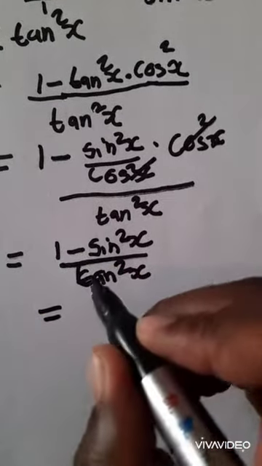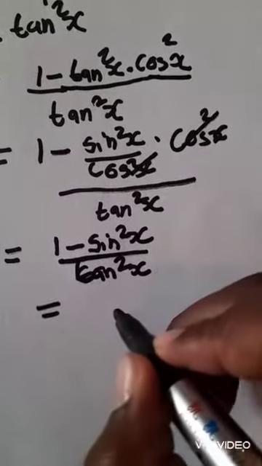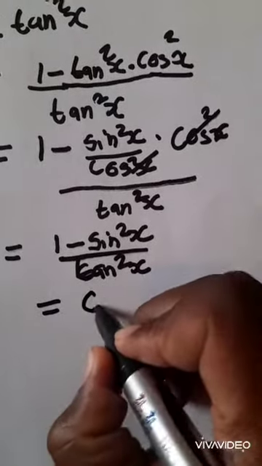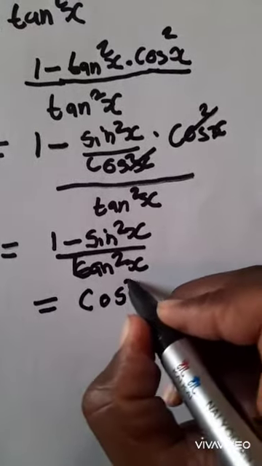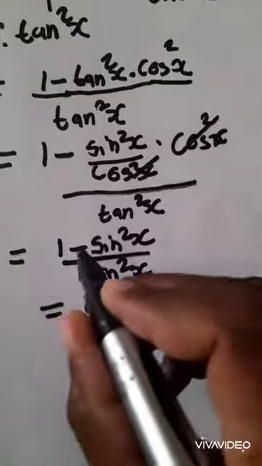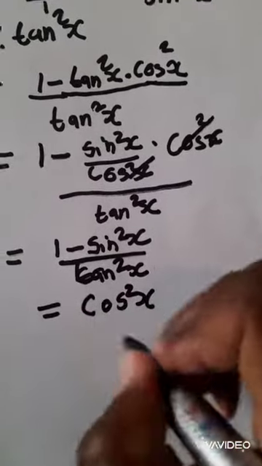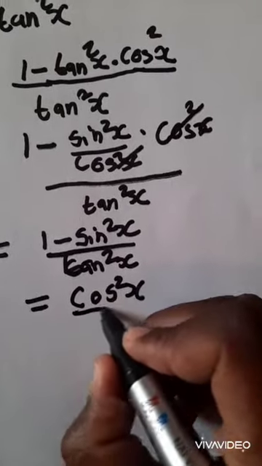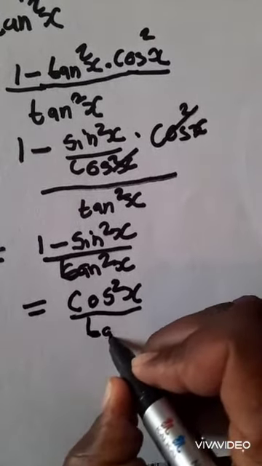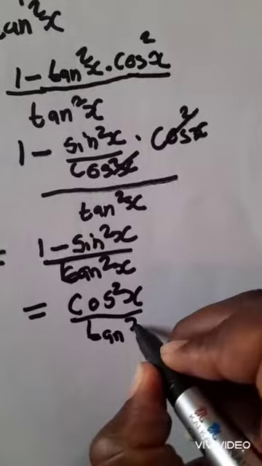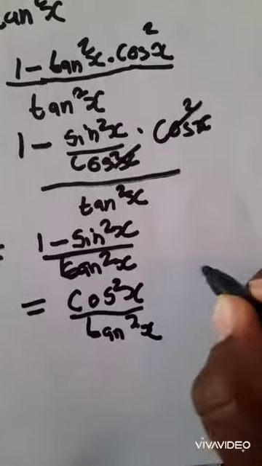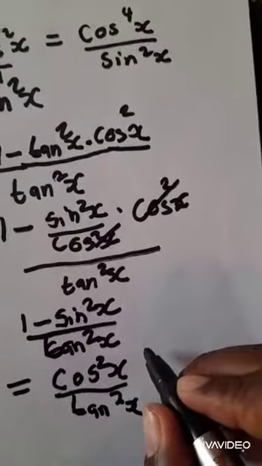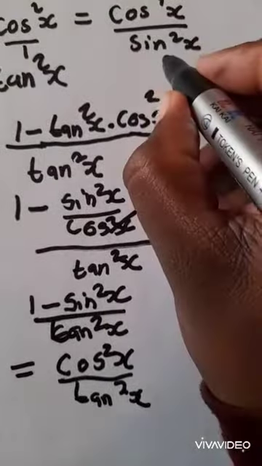Then what do we know? 1 minus sine squared x reminds us of a square identity. It will change to cos squared x. As I've stated in our previous video, when you're given 1 minus sine squared theta, it's the same as cos squared theta. But here we're given in terms of x, so it will be cos squared x divided by tan squared x. We have improved because remember at the denominator we must have sine.